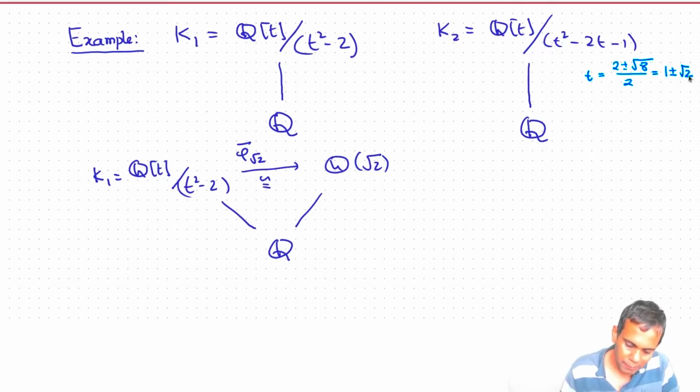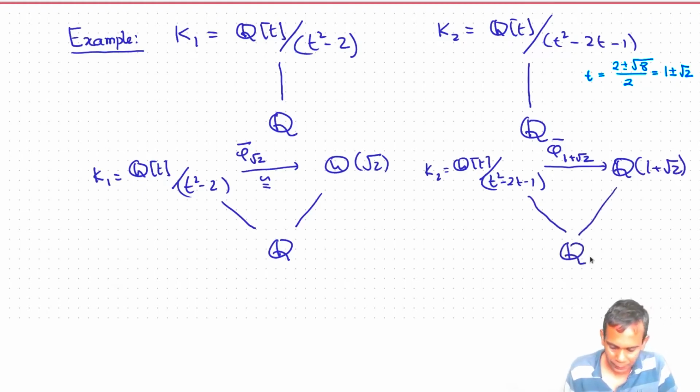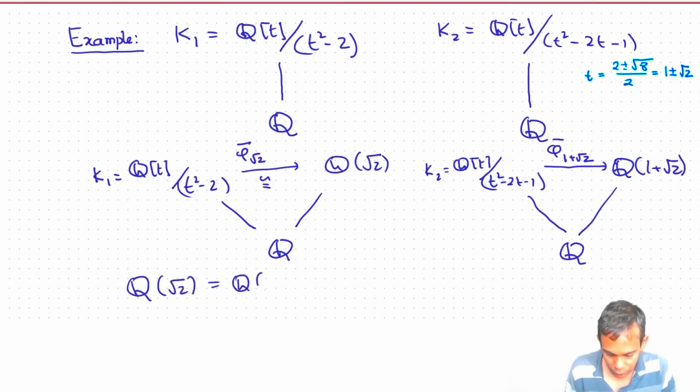Okay, so in a similar manner, we can think of this K2 as Q[t] mod t squared minus 2t minus 1, but using the map phi bar, say t goes to 1 plus root 2. This goes to Q(1 plus root 2). And this is an isomorphism over Q.